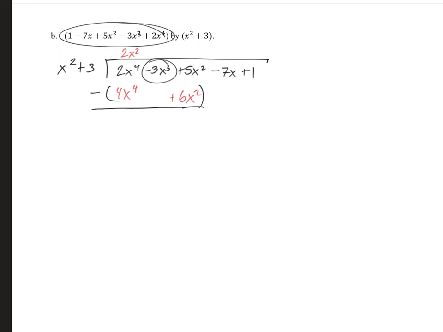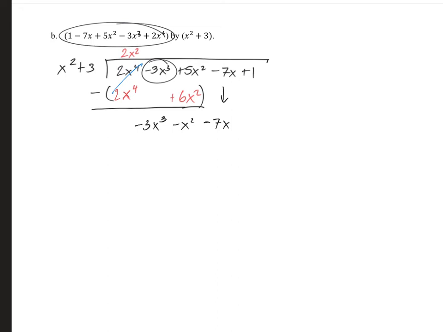So when we do the subtraction, I don't know why I wrote a 4 there, that should be a 2x. Okay, so with the subtraction, that cancels, and then we're left with the negative 3x cubed, and then 5x squared minus negative 6x squared would be negative x squared. Bring down the next item. Okay, so, new cycle.